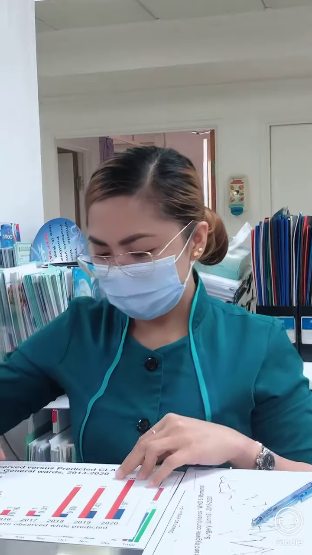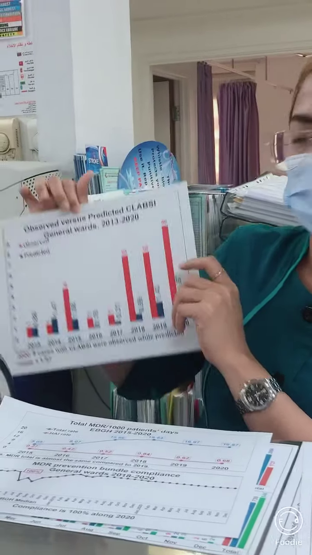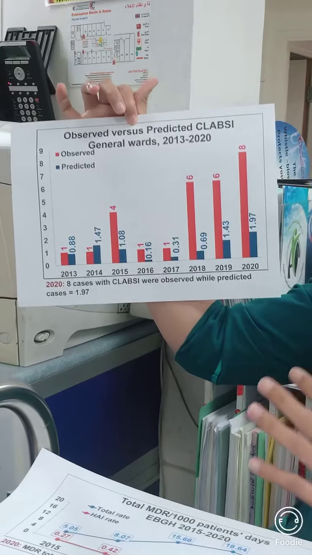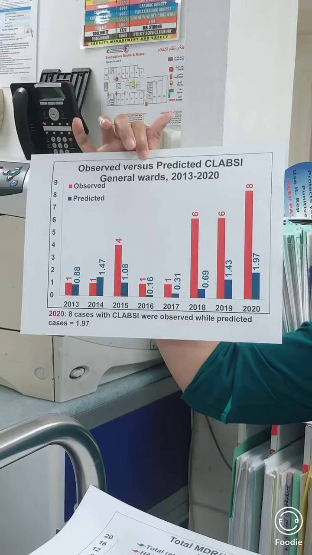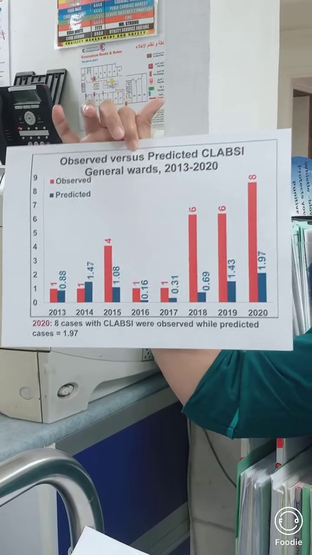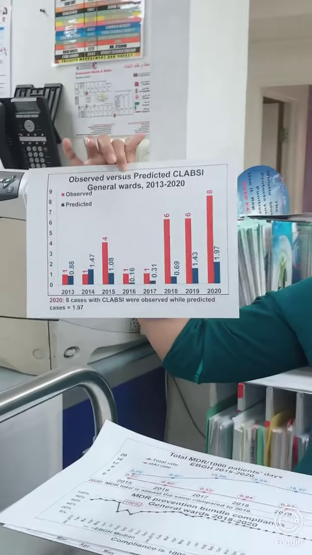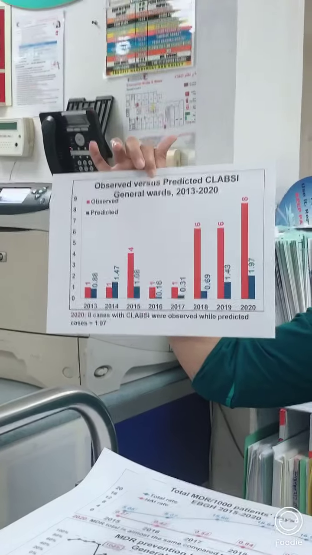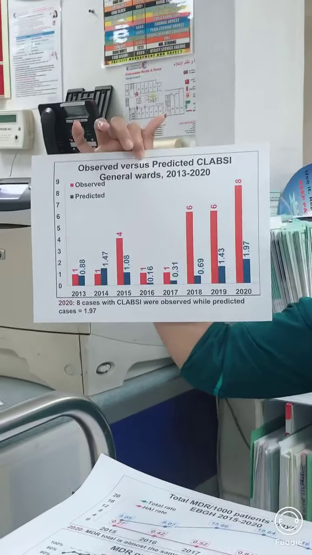Okay. Next, for the observed versus predicted CLABSI in our hospital. For 2020, we have 8 cases of CLABSI, again for the whole general wards, which were observed, while the predicted is 1.97. This means that we are really increasing. The rate of HAI for CLABSI is increased in the general wards. Before we had 6, then now it's 8, more than the predicted cases.